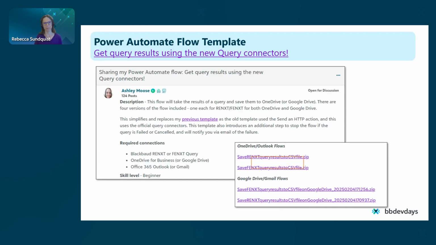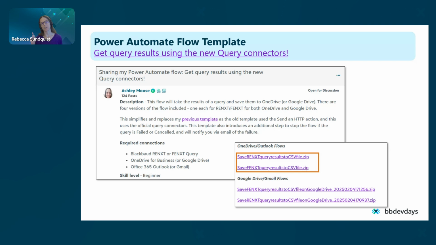So we do have a template for a Power Automate flow that is actioning on the Query API. So with Query API, you're able to then access anything you can create a query on. And that unlocks a new level of access that's not available in the Power BI connector at this time, right?